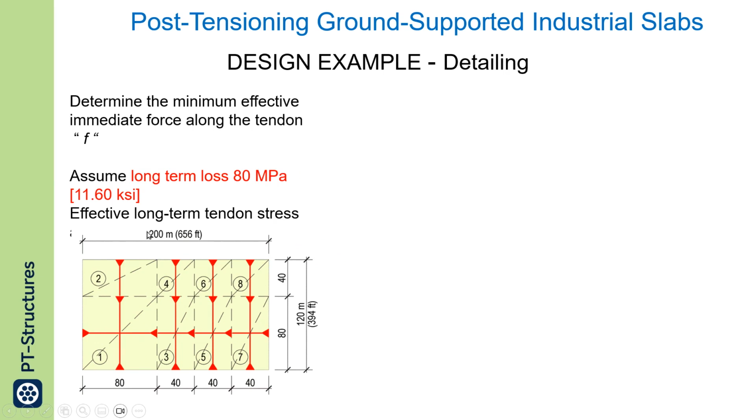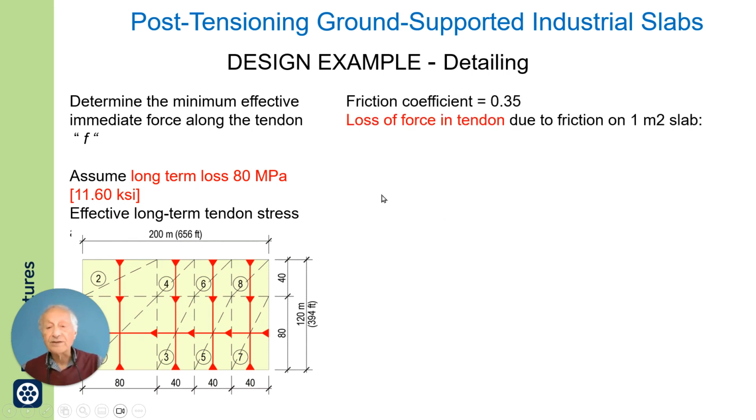In order to find the minimum force, I need to know how much is the long-term loss. Long-term loss, I have assumed 80 megapascal. So this is the effective long-term loss. Friction coefficient, I have assumed 0.35.